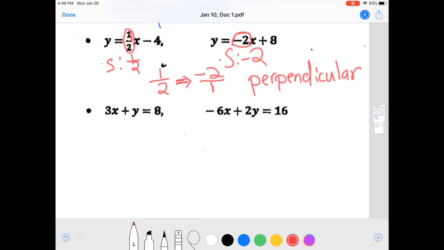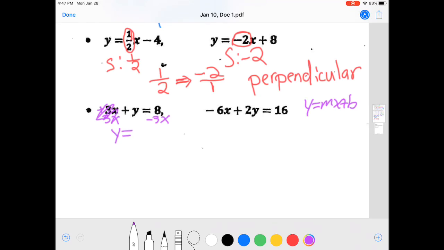Now for the last one. For the last one, we want to make sure it's in slope-intercept form before we do anything. So again, y equals mx plus b. So the 3x is positive, so we've got to subtract it. 3x minus 3x cancels out because it becomes 0.